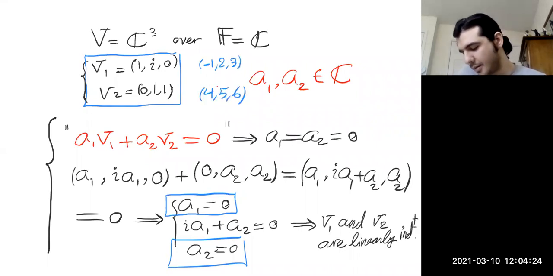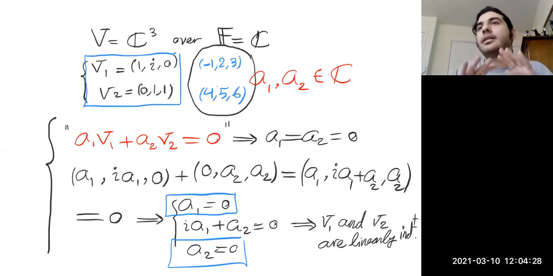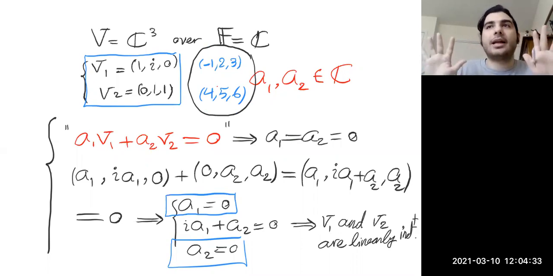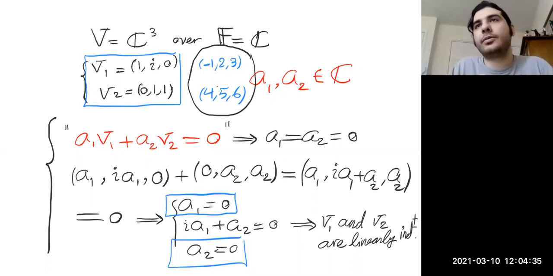Some of you proved these two vectors are linearly independent. That's not true here, and we don't care about that. It doesn't have anything to do with the proof. We should look at the relations in the basis, in the domain, and then the same relation should hold for their images. But here there are no relations for these vectors in the domain, so there is no relation that must hold for their images.